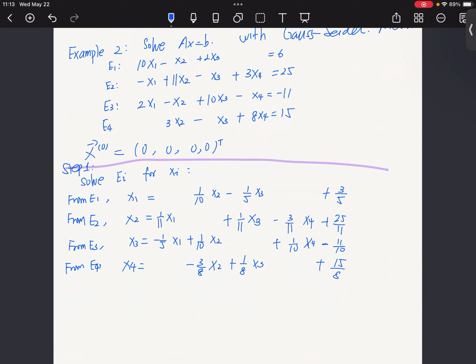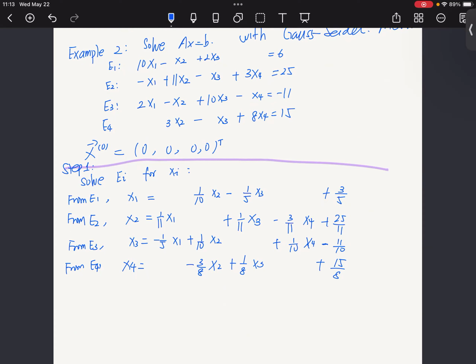Now this is the diagonal. Below the diagonal, we give the superscript k, and above the diagonal, we give the superscript k minus 1. On the left-hand side, we keep it as superscript k.